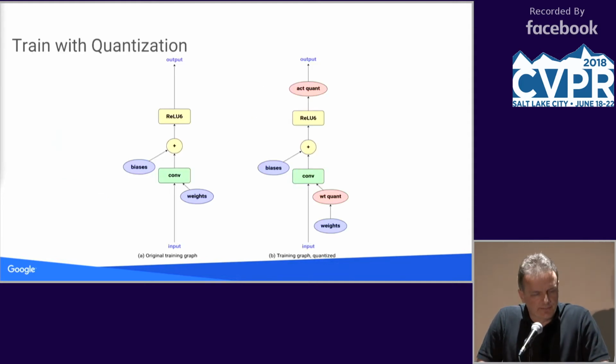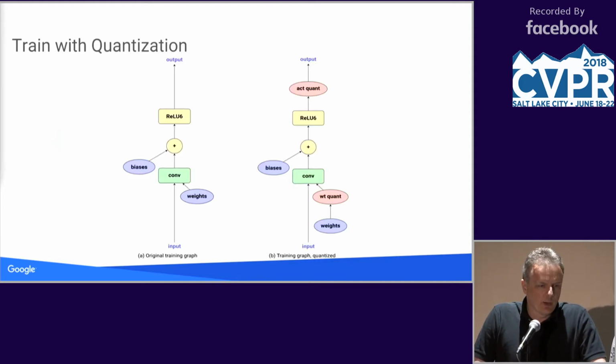To get accuracy similar to floating point models, we train with quantization. This way, the weights adjust themselves automatically to quantization artifacts, and the loss at the top forces outputs to be similar to floating point model outputs. This is the simple case. With batch norm, things get a lot more complex. If you're interested, please see our poster.